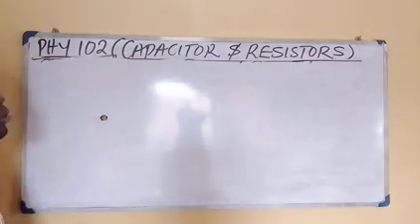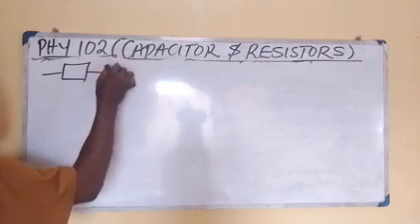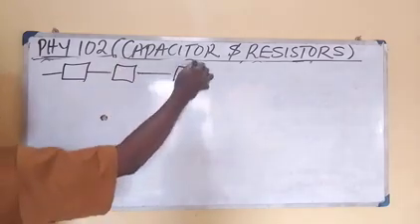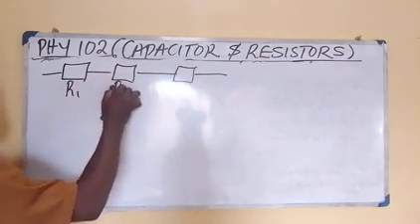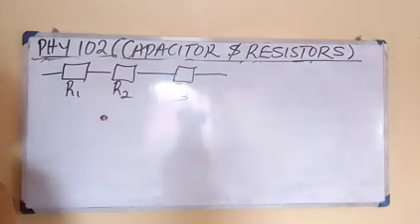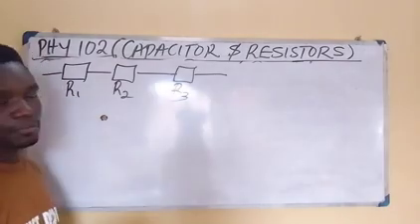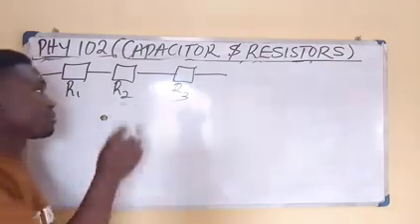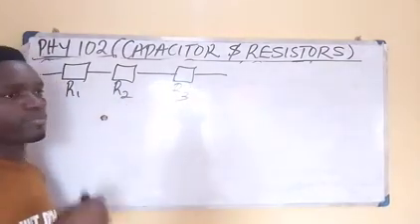Now, we have resistors in series. We have R1, R2, and R3. Resistors in series is equivalent to capacitors in parallel.